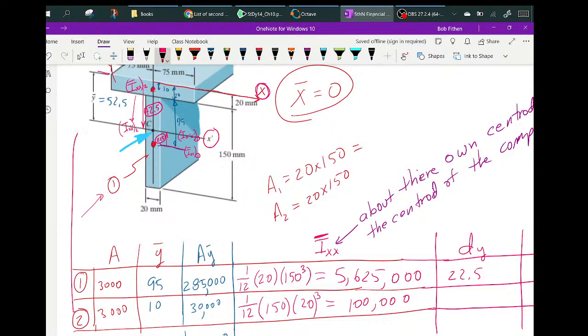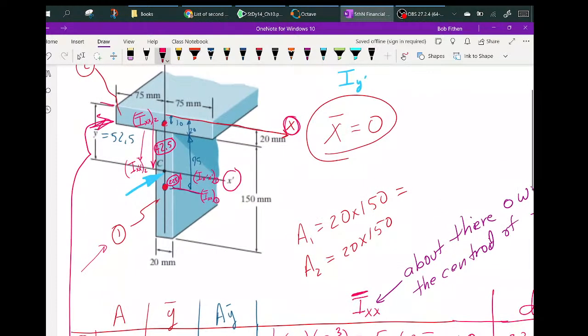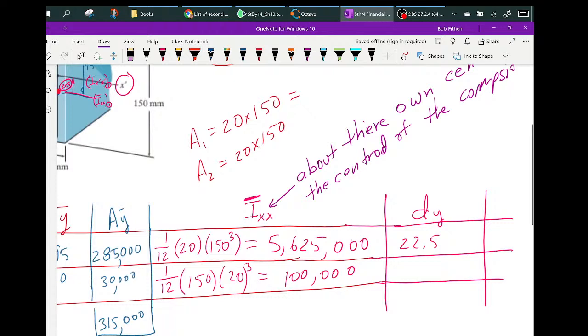Now, I need to move to the upper one. I need to move it 42.5 from its own centroid to the centroid of the composite. It's 42.5.